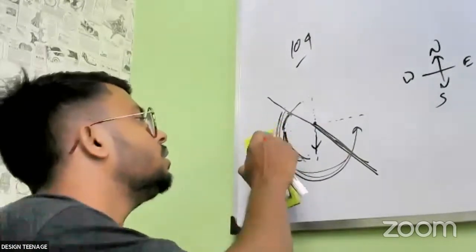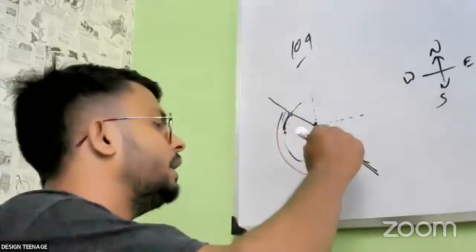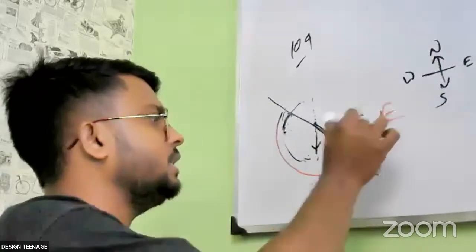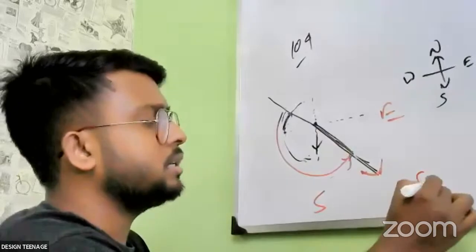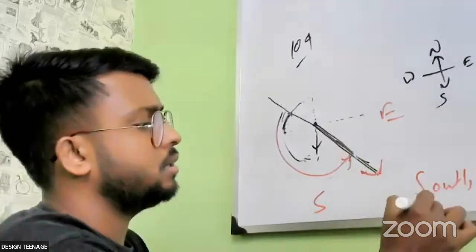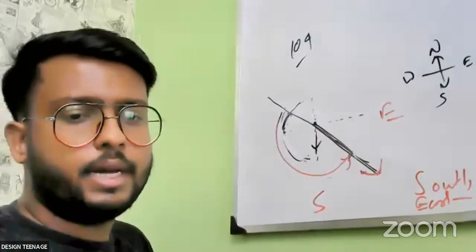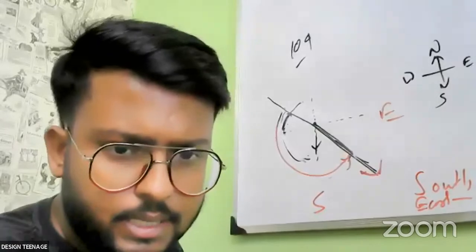A semicircle will make me reach the red pen, 180 degrees to this direction. If this is east, this is south. What is this direction? Southeast. Yes, this is southeast. Which is the correct answer? Option D. Option D is southwest.